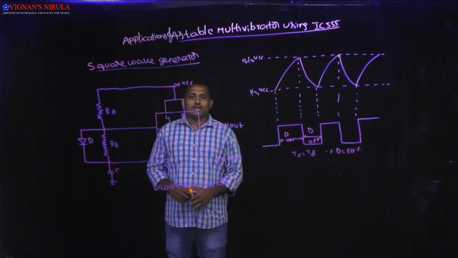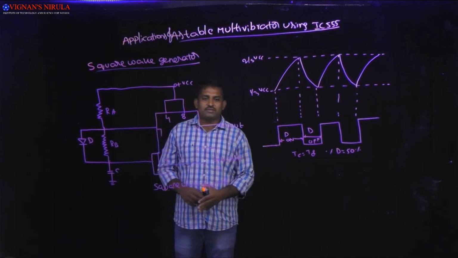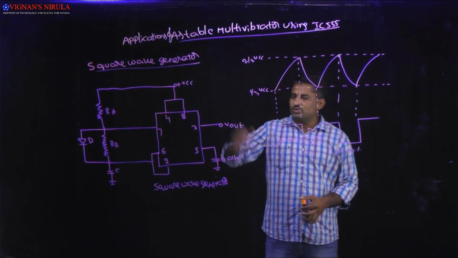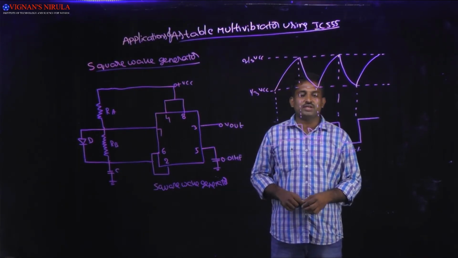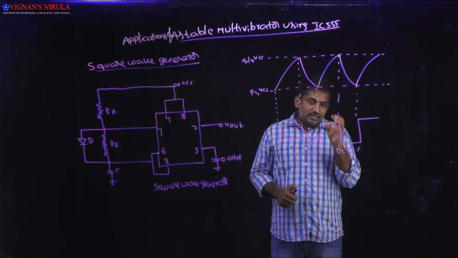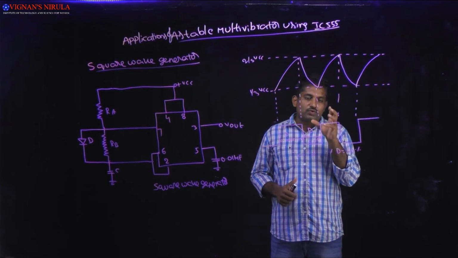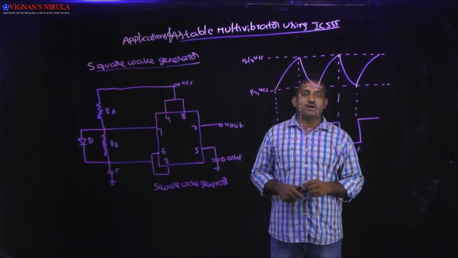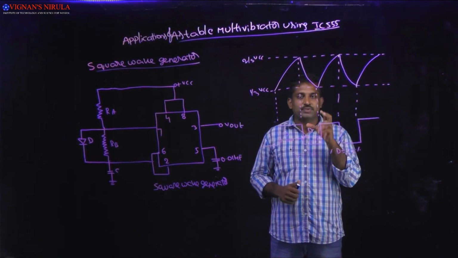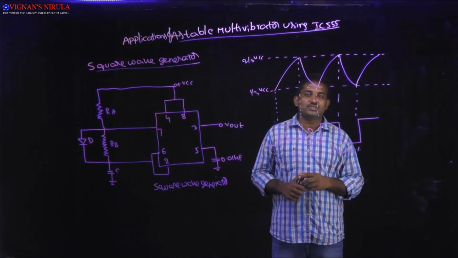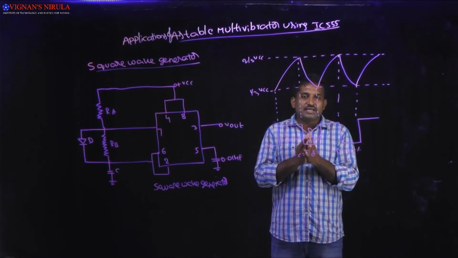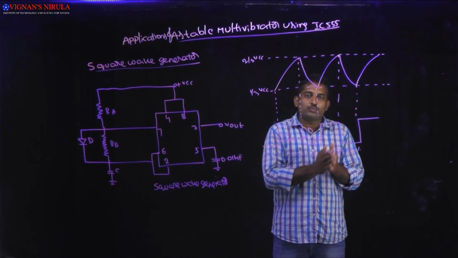Coming to the application of the astable multivibrator. The astable multivibrator is used as a square wave generator. But generally, if you observe the waveforms of the astable multivibrator, T on is greater than T off. That means the charging time period is greater than the discharging time period. So we will not get the symmetrical waveform at the output side.